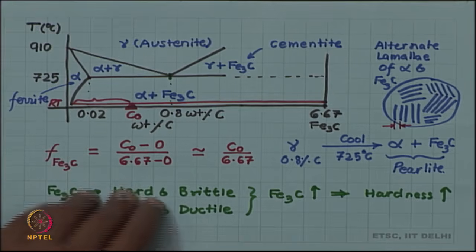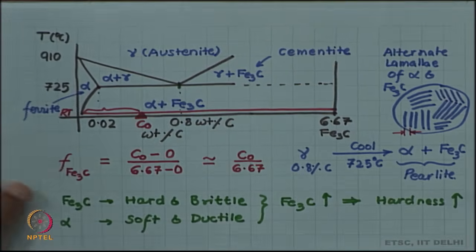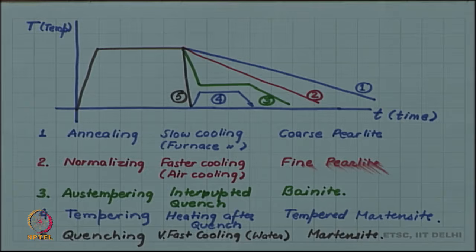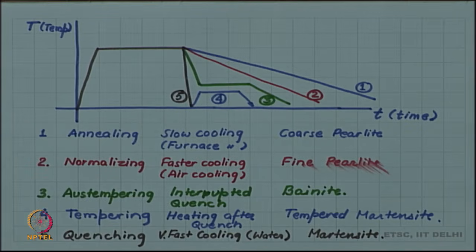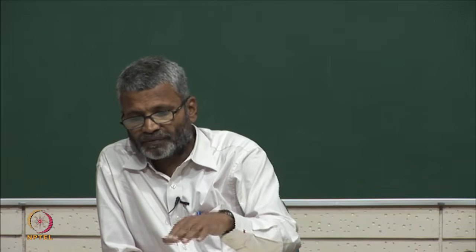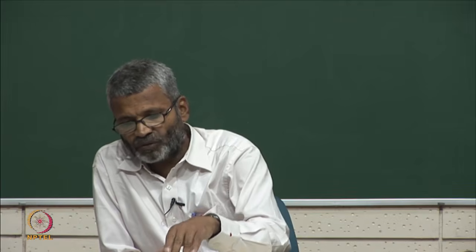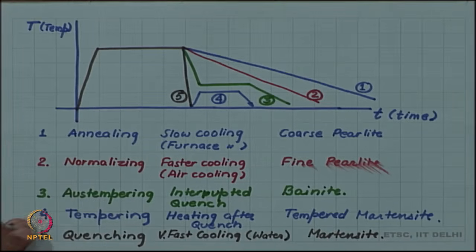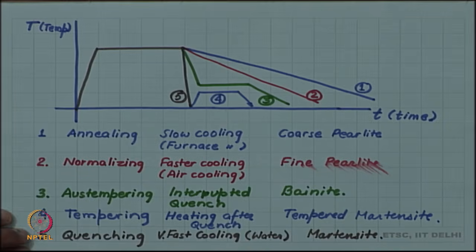So, to understand them, we have to use a different tool, and that tool we have already developed in connection with the liquid to solid transformation in freezing, and that is the TTT diagram. So, the time temperature transformation diagram can come as an aid to us in understanding how these different treatments give us these different microstructures.